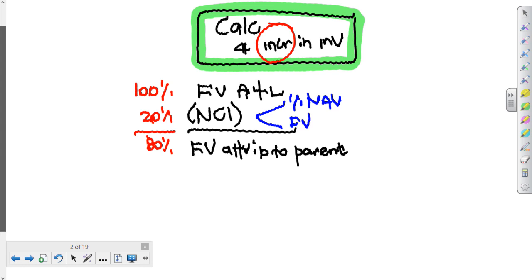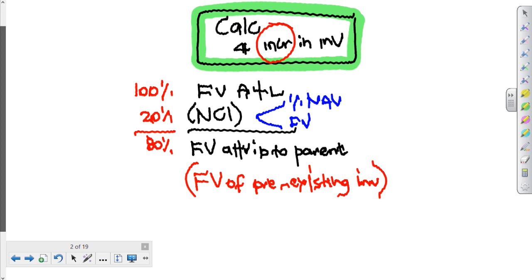We didn't buy the full 80 this time round. We already had some, so we're just buying the rest. So what I then do is I take off the fair value of the pre-existing investment.